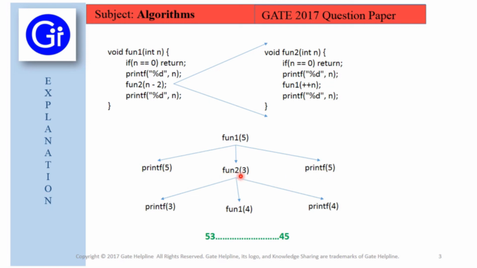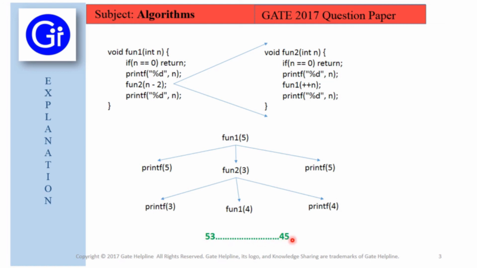Now we check function 2, where we have passed the value 3. Here it will print 3, and then it will call function 1 with the parameter incremented. So the value of n is incremented from 3 to 4, and n now has the updated value, that is 4. So in the next line it is not going to print 3, it will print 4. So the output will start with 5 3 and end with 4 5.